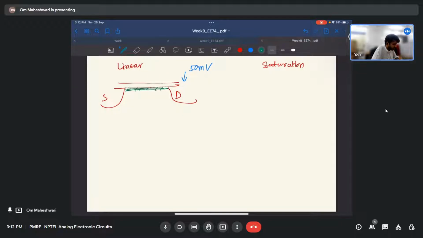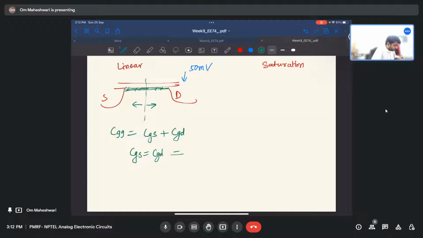There's no pinch off. CGG equals CGS plus CGD, and CGS and CGD are assumed to be equal, so each is CGG by 2, equal to Cox by 2. We already know what Cox is.